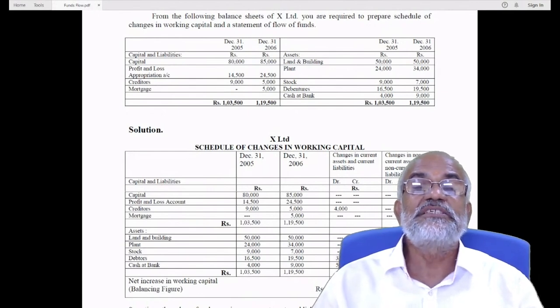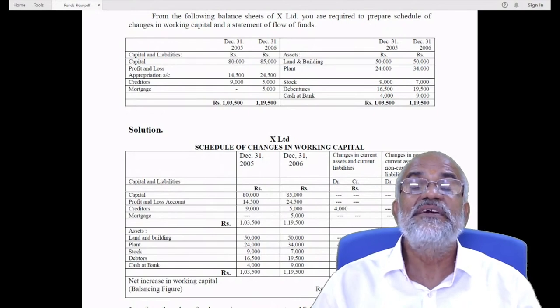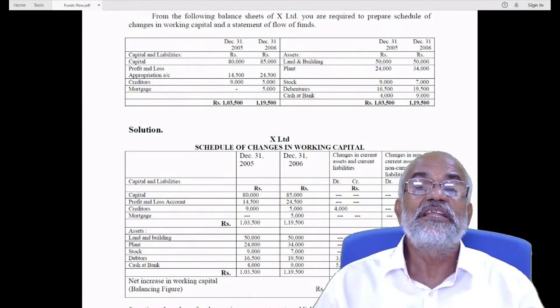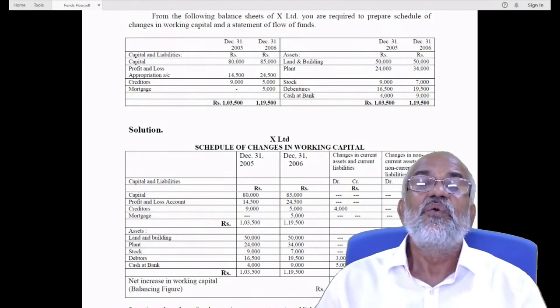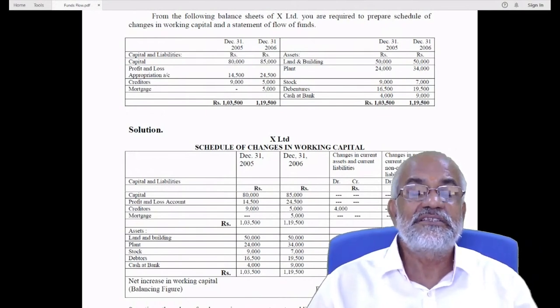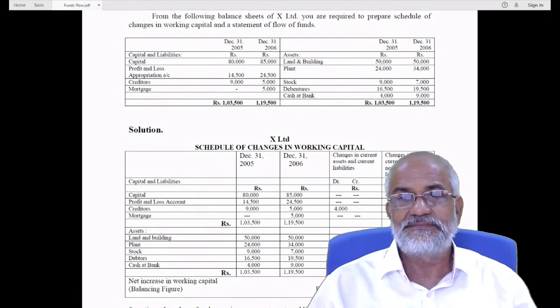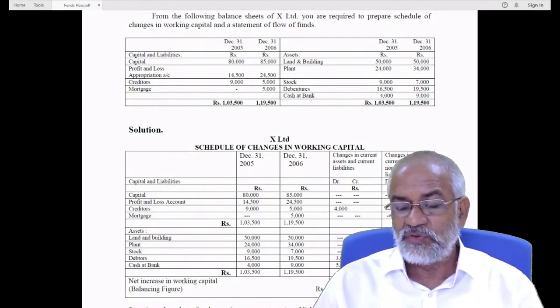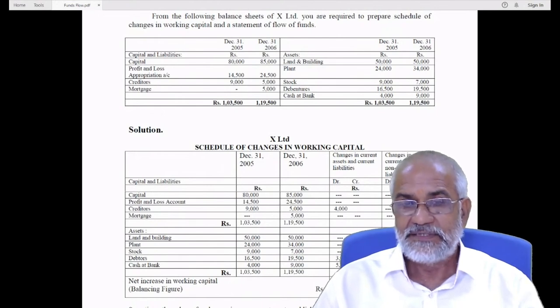Creditors was 9,000 on 31st March 2005 and 5,000 on 31st March 2006. And the mortgage or the loan was nil as on 31st March 2005, and it has become 5,000 in 31st March 2006. This is about the liabilities of the balance sheet.